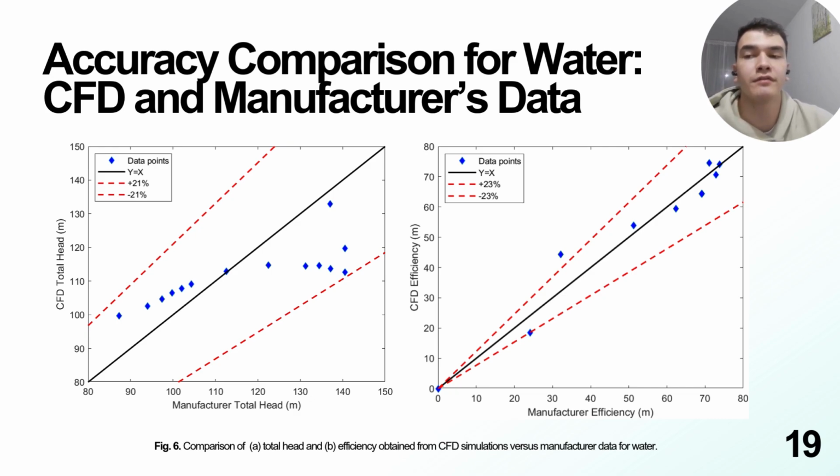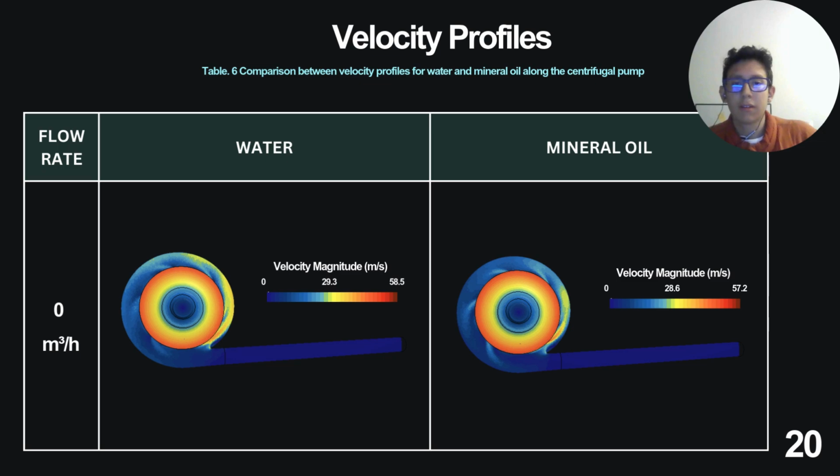The primary reasons for these discrepancies are linked to the fact that the pump design has deviated from the original manufacturer design due to changes in its best operating point, as mentioned before. Additionally, another contributing factor is the limitations of CFD, which, as previously mentioned, relies on assumptions such as steady flow and neglects mechanical losses related to the motor, including friction and heat dissipation.